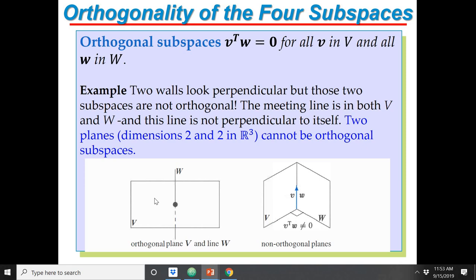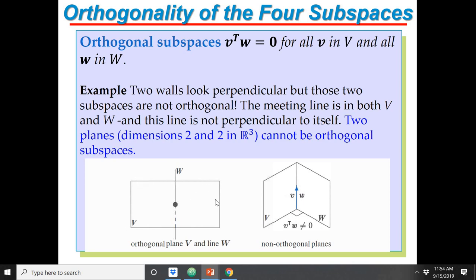Here is an example of two subspaces that are orthogonal to each other. Take a plane passing through the origin 0. So this is a subspace of R cube. And then take a line orthogonal to that plane, passing through the origin 0. Because I talk about orthogonality, I'm going to take a line that's orthogonal to V. The line is a subspace of dimensionality 1.